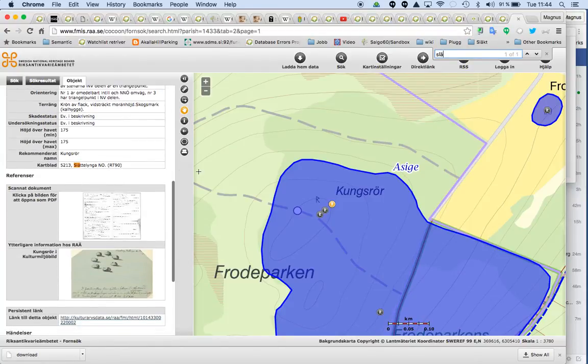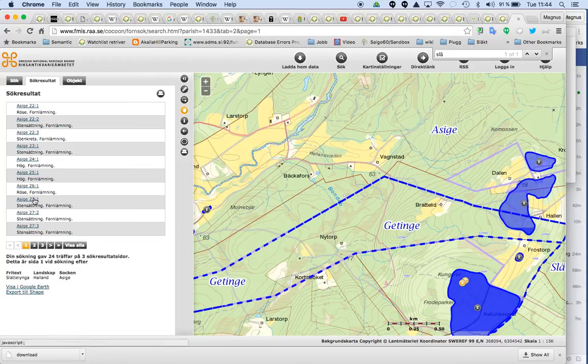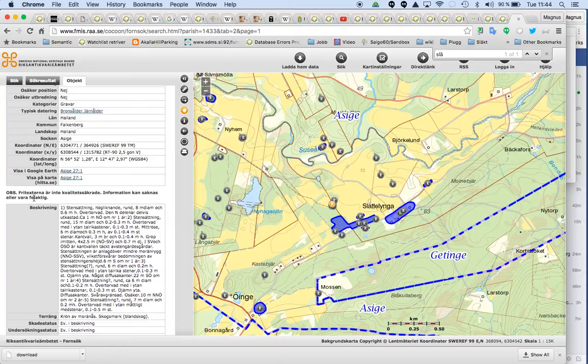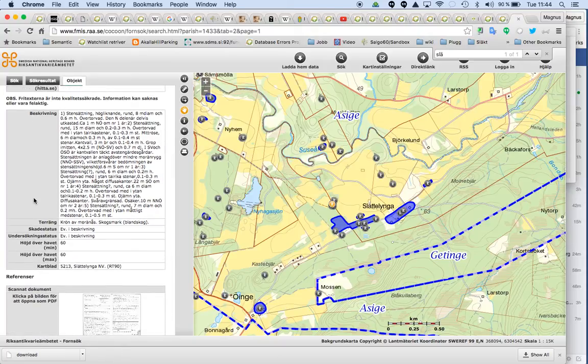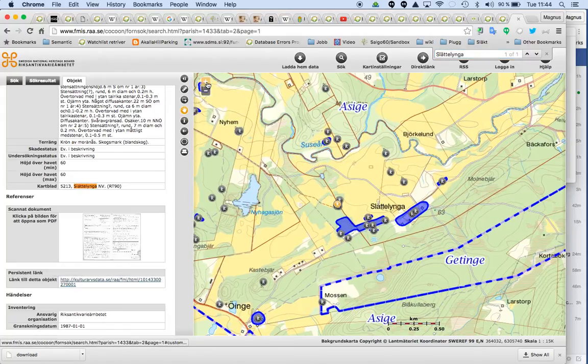They say it's just a map section, Slätlynga, which is not so interesting. It was not good, but we have a Slätlynga over here.